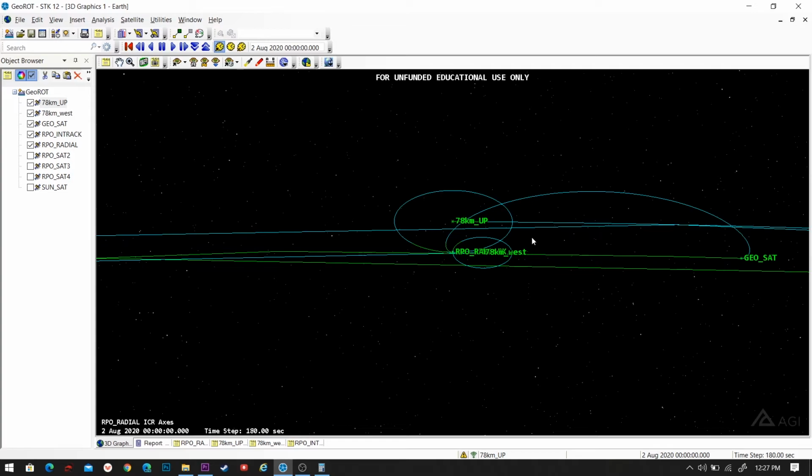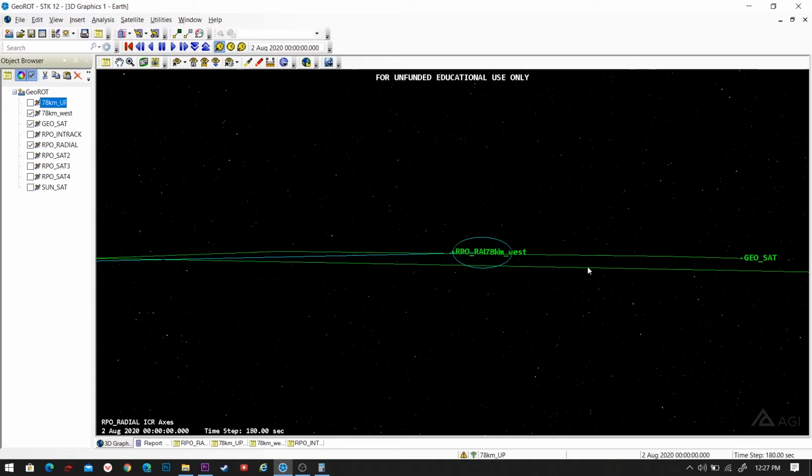So now let's combine all of the rules of thumb together, and let's see how we can get to GeoSat with a single radial burn in exactly 12 hours. Okay, so first rule of thumb we're going to use is that RPO satellite is starting out 1 degree away, which is 736 kilometers.